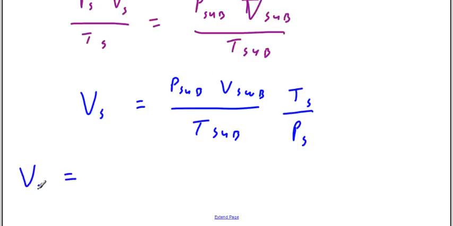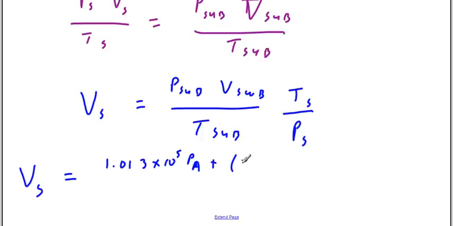Okay, so volume submerged. Now, we know that on the surface, the pressure is 1.013 times 10 to the 5th pascals. So the pressure submerged has to be that pressure, PA, plus the pressure of the water.